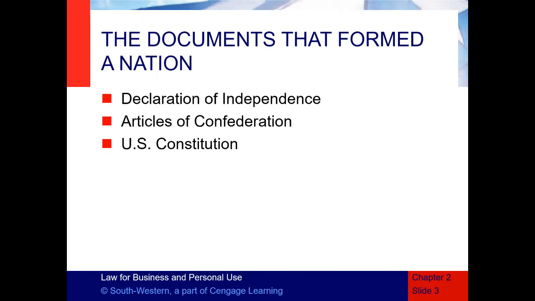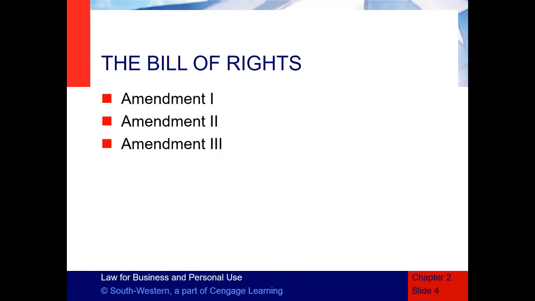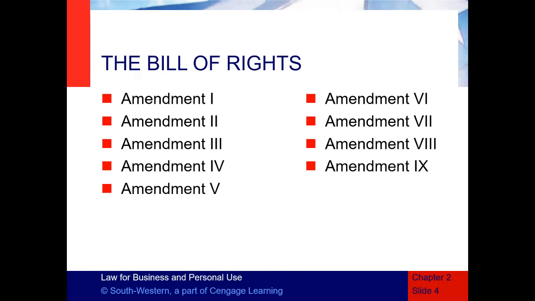And some of the important things that we had in the U.S. Constitution were the different rights that we had. So the Bill of Rights is basically the first 10 amendments that are going to be in the Constitution. So we have more than 10 amendments now, but these were the basic rights and liberties that you would have as a U.S. citizen.